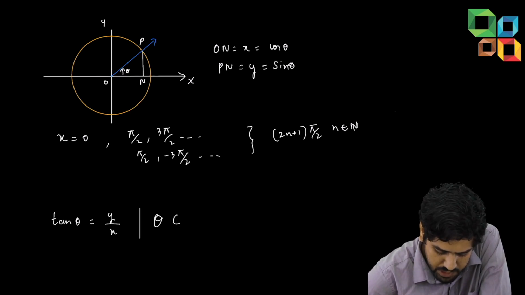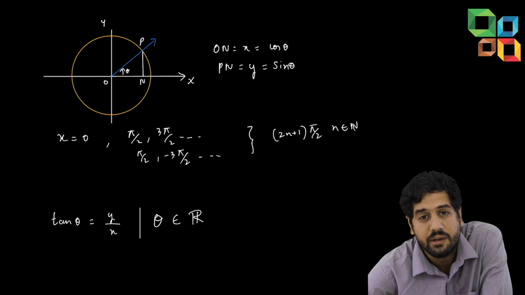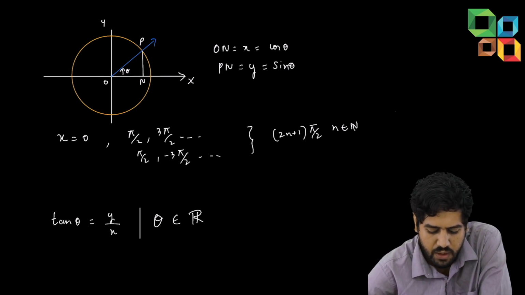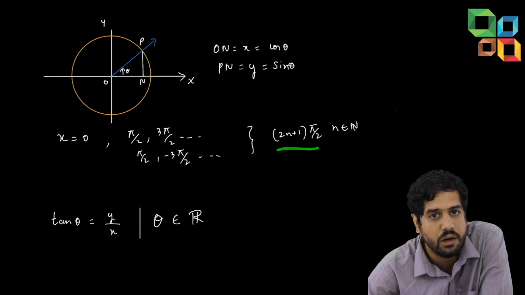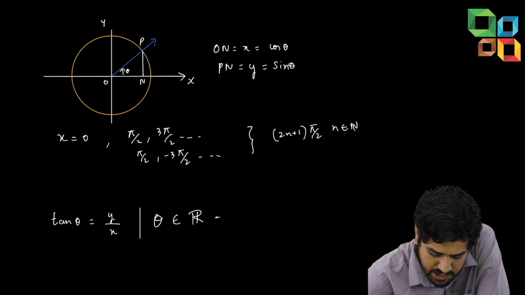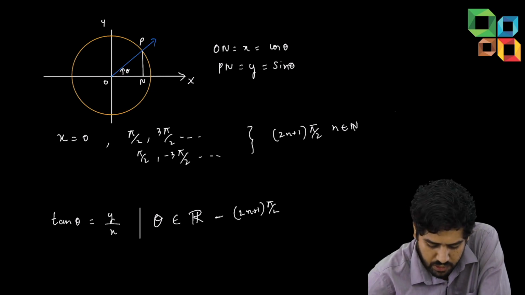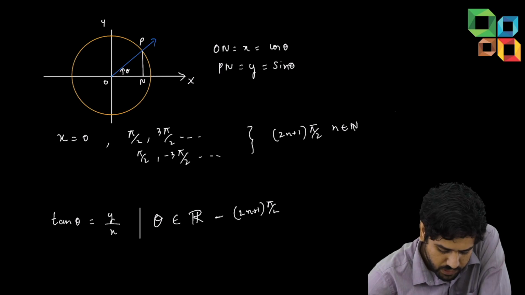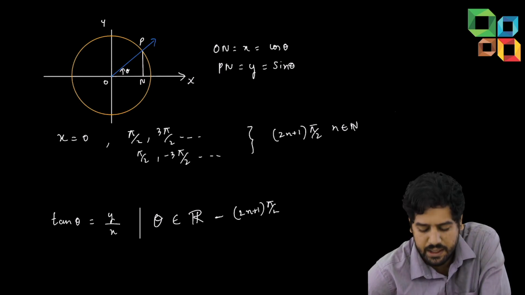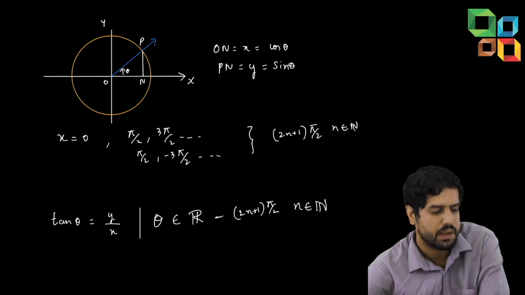So theta belongs to the set of real numbers. All other values of theta are possible. Only these values of theta are not possible, right? So from the set of real numbers, we remove the set of 2n plus 1 pi by 2, given n is a natural number.